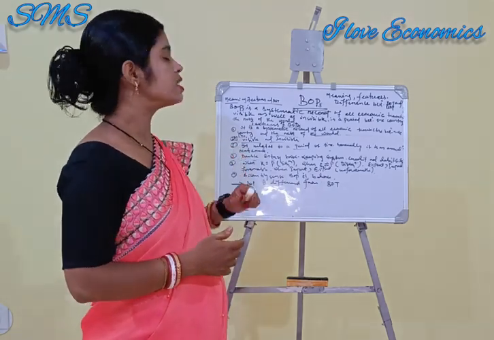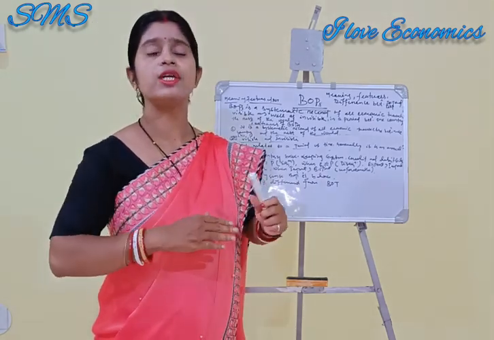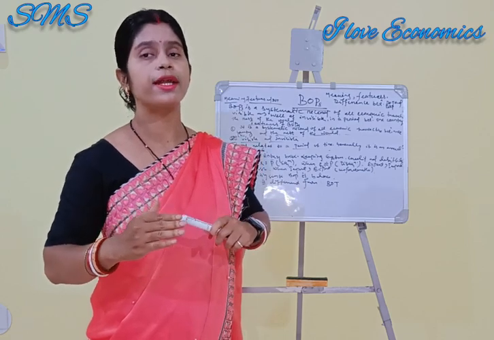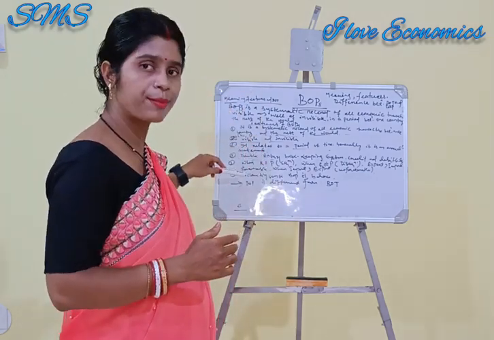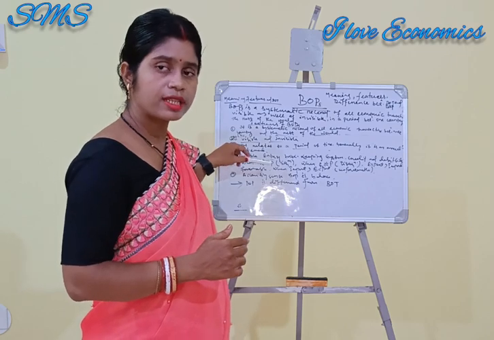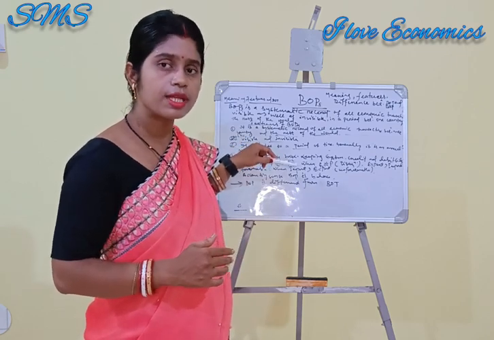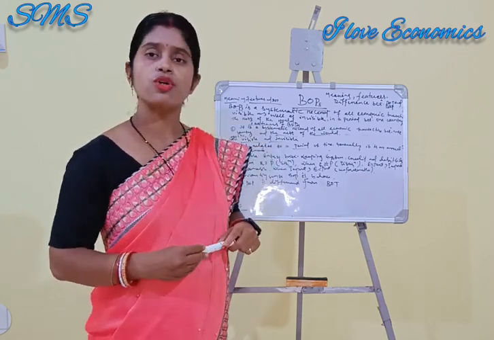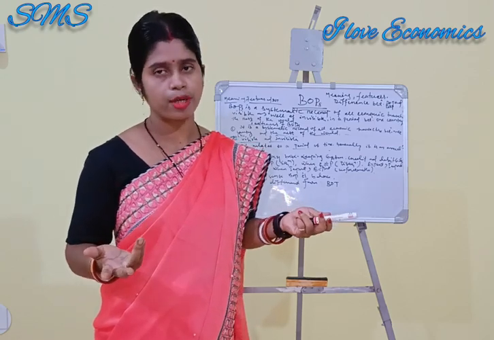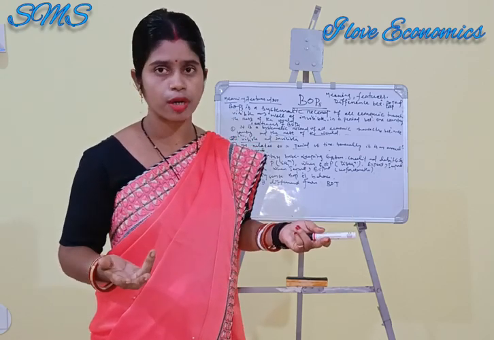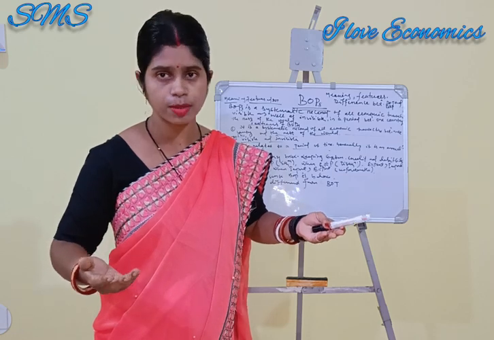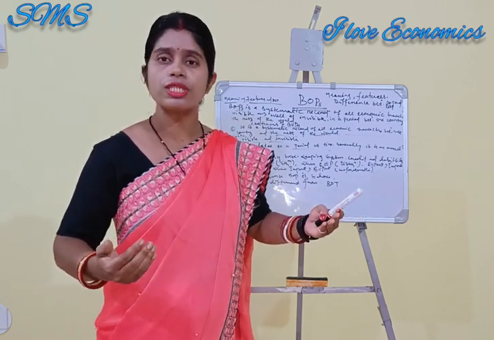And the second one is that it deals with both visible and invisible items. So balance of payment takes into account both visible as well as invisible items. Visible means material products. I've already told you that material products are coming under the visible items, what we can see, touch and feel.